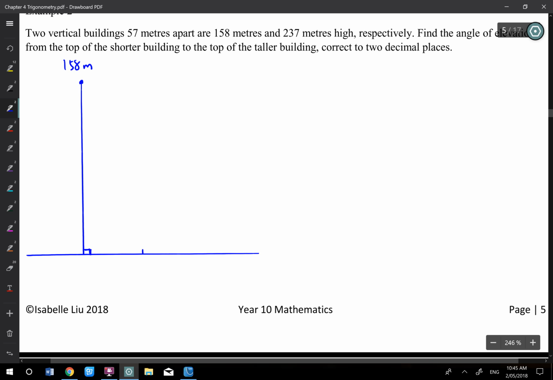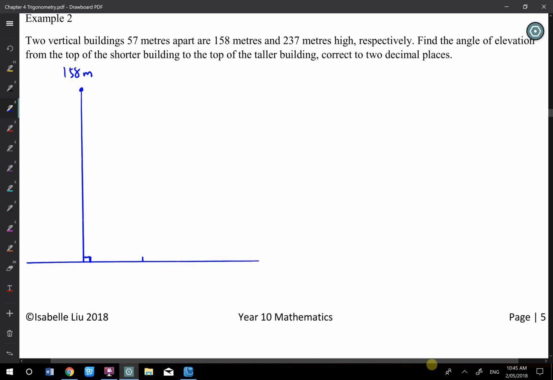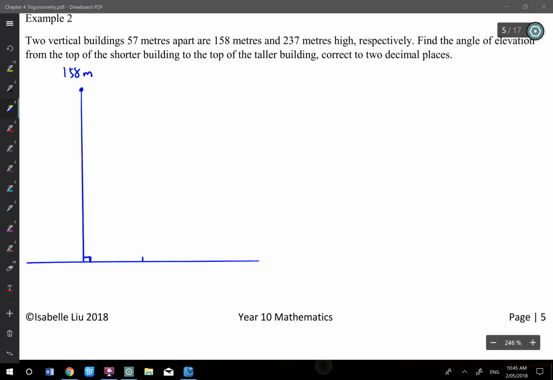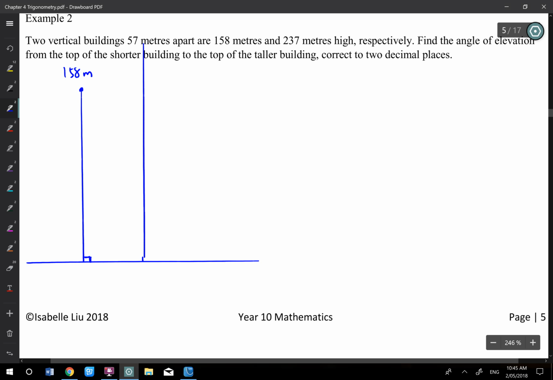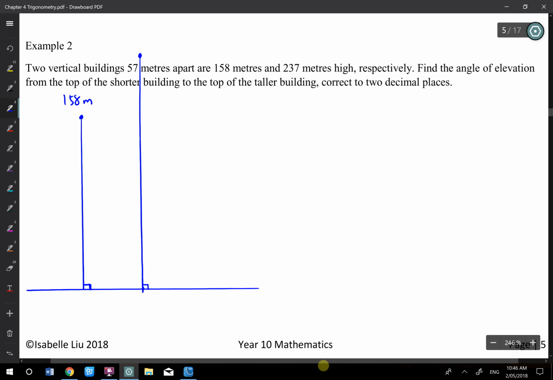Another building is quite tall, so that's another straight line, and this building is 237 meters.